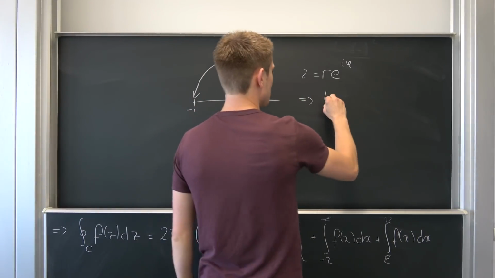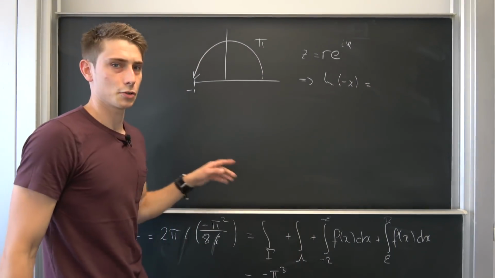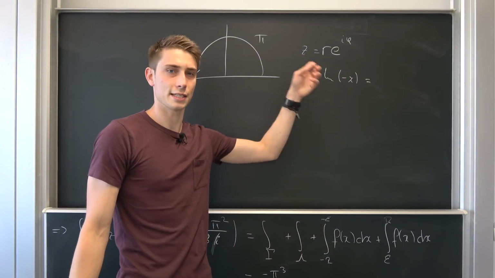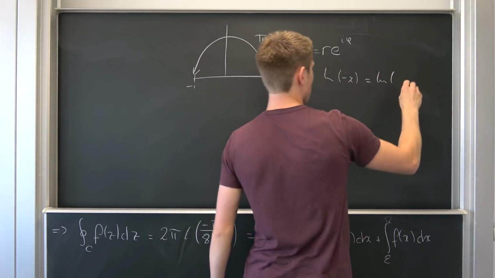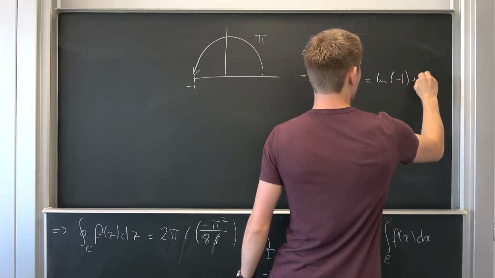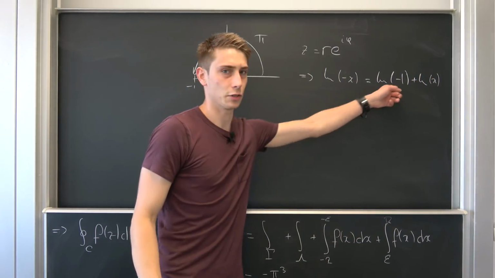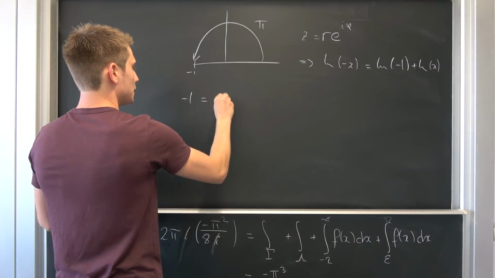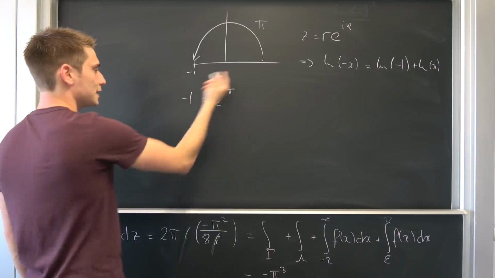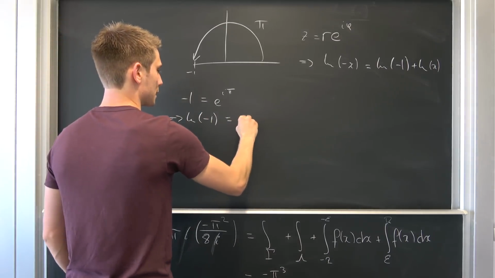That also means that natural log of negative u is nothing but, well, we can use the natural log property because this is just negative 1 times u, so turning it into the natural log of negative 1 plus the natural log of u. And natural log of negative 1 in this case, so negative 1 is nothing but e to the i times pi, taking the natural log on both sides, it's just i times pi.